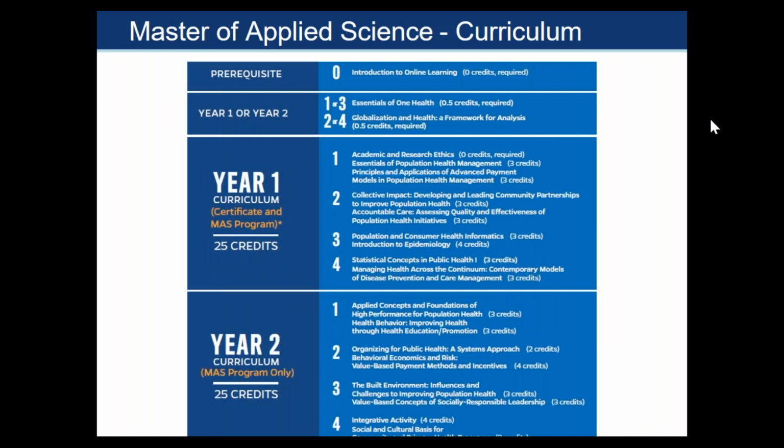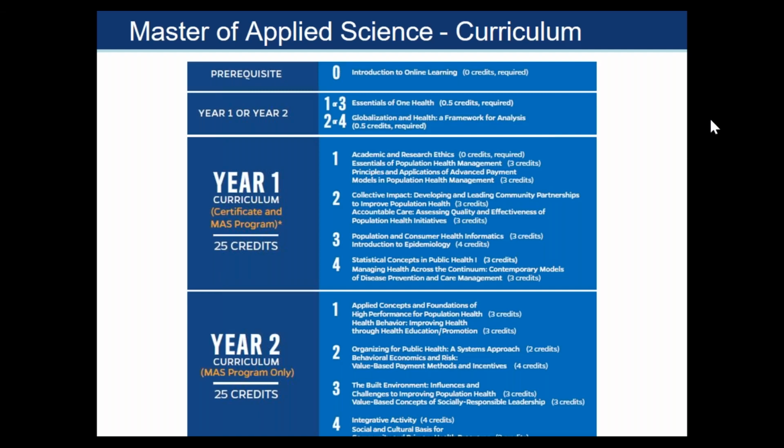So this is a combination of the year 1 curriculum, which I just covered, as well as the year 2 curriculum. So year 2 is if you would be taking those courses if you were working on the master's degree. You can see we continue with elements of thinking about high performance population health in terms of how we organize ourselves to be efficient and effective in our delivery of community population health oriented care, thinking about how we change behavior and the impact of behavior through health education and promotion.